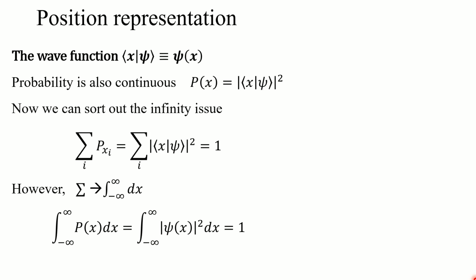However, because this is continuous, summing over all those positions becomes an integral over all space, from negative infinity to infinity. So if we integrate that probability with respect to x, we have to get that equal to 1. That's essentially the normalization condition.